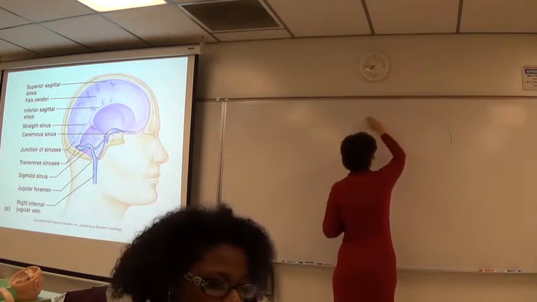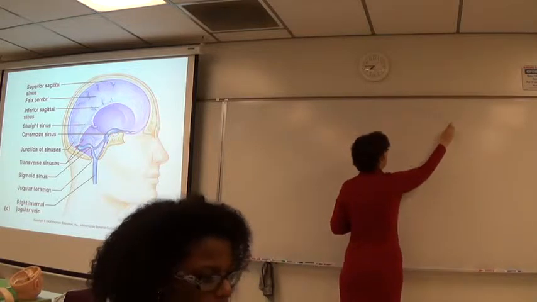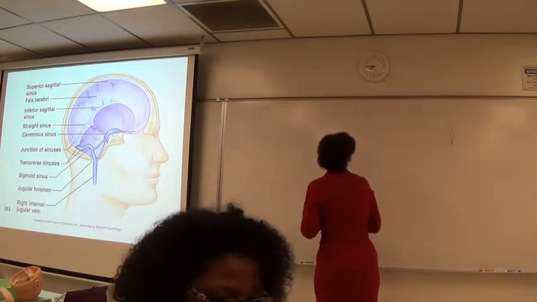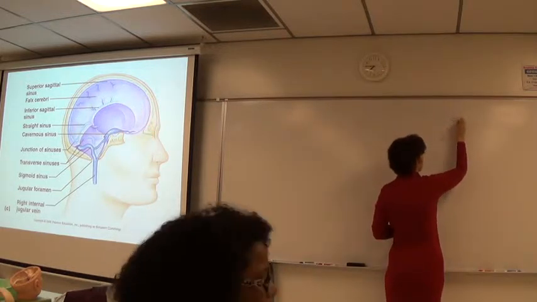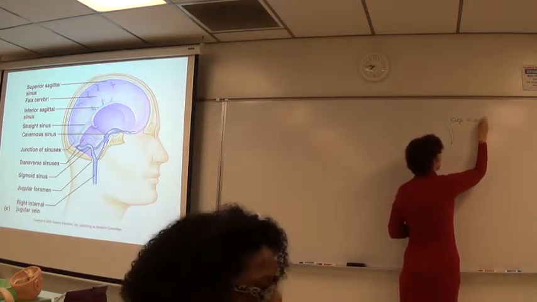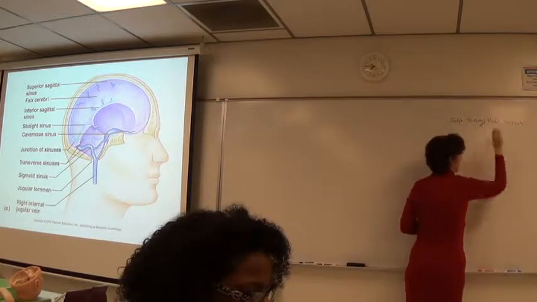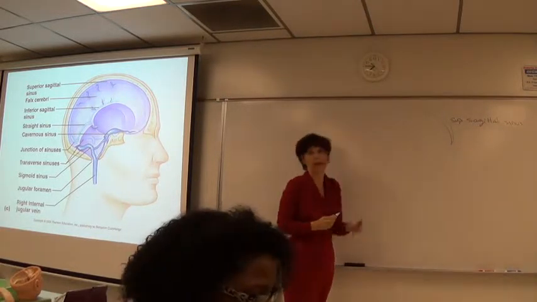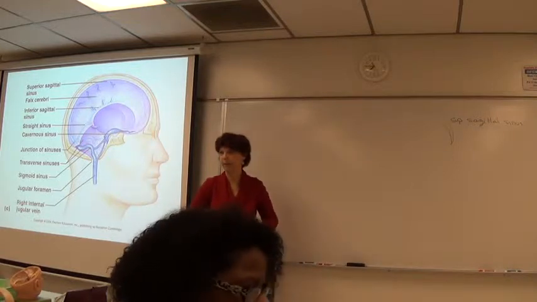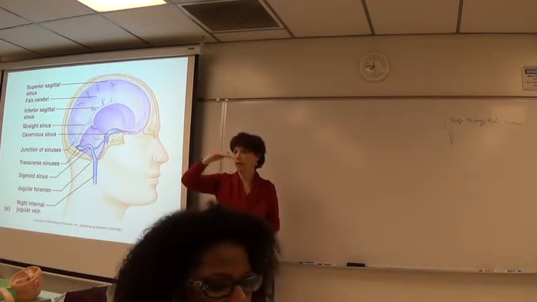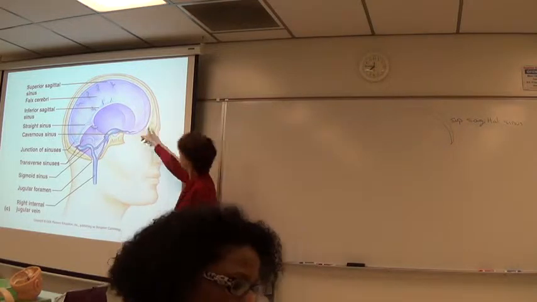So it has this S shape to it. And this is identified as the superior sagittal sinus. It was a cross-section of that I just drew on the board for you. Okay. Then following the curvature of the corpus callosum, that would be this one up here.